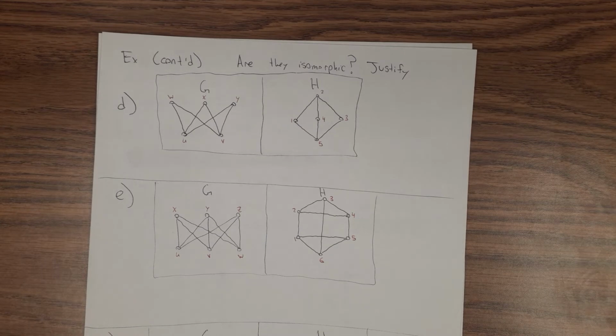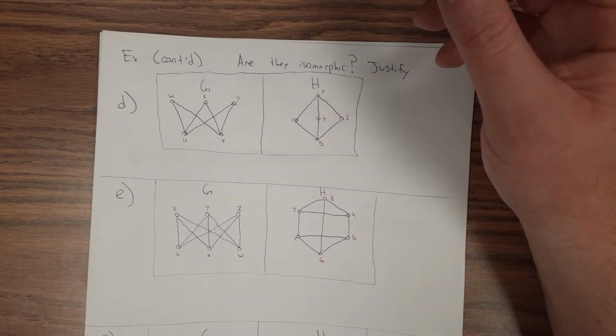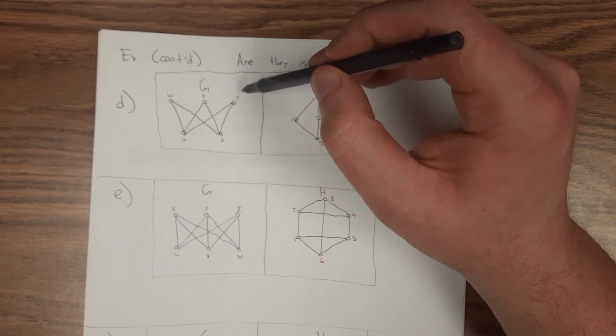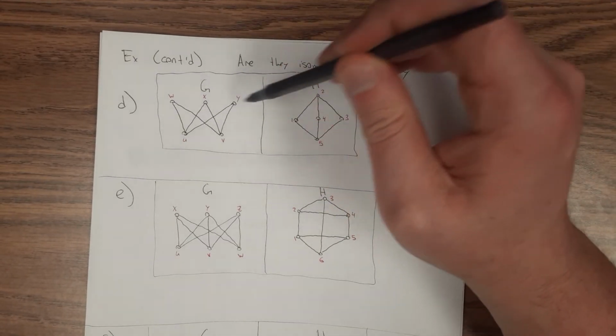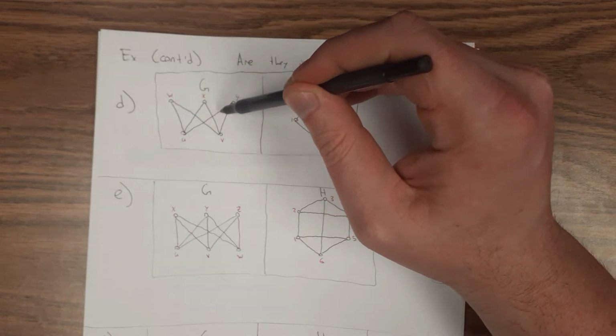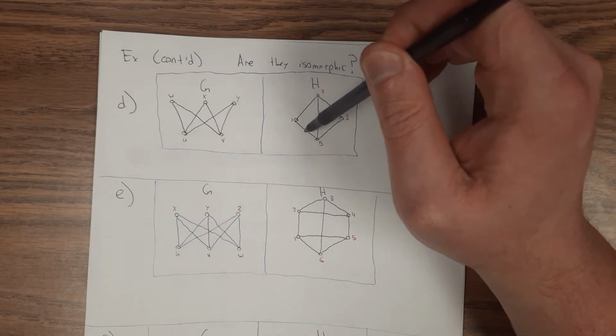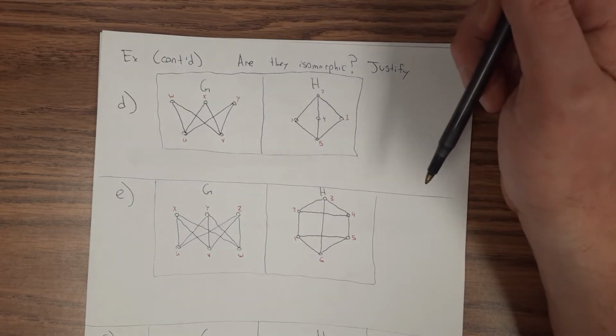So yeah, let's take a look at it. Well, they've got 5 vertices each. This one has 6 edges, and this one has 1, 2, 3, 4, 5, 6 edges.